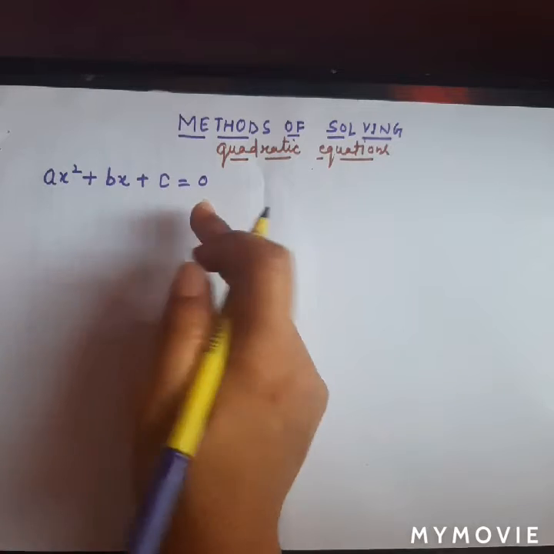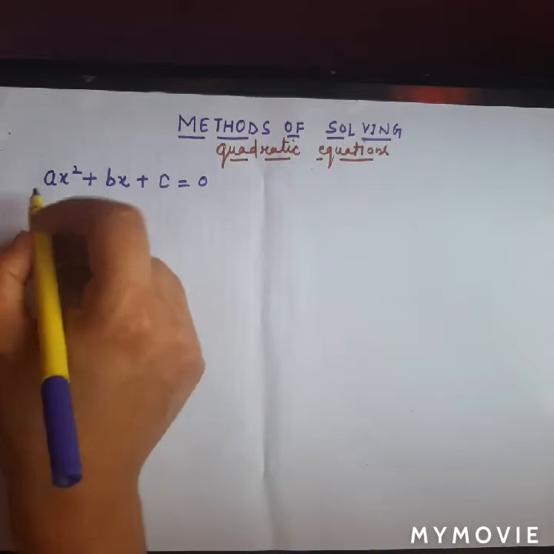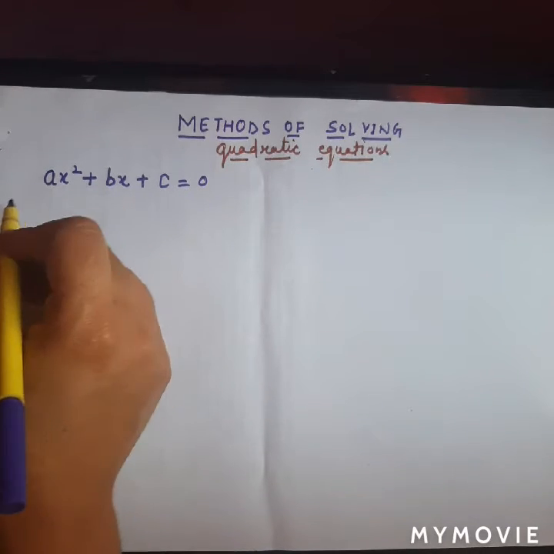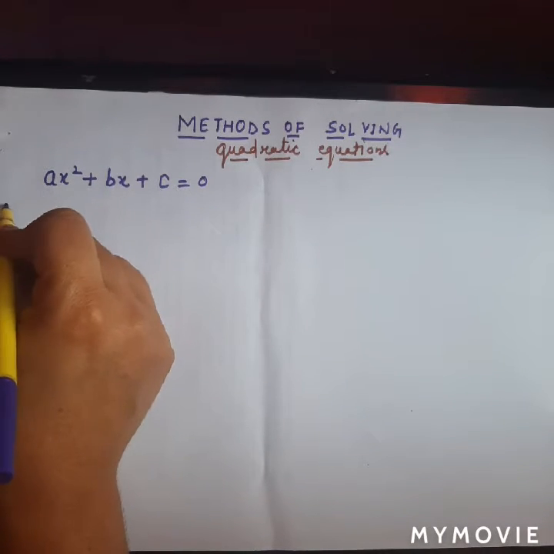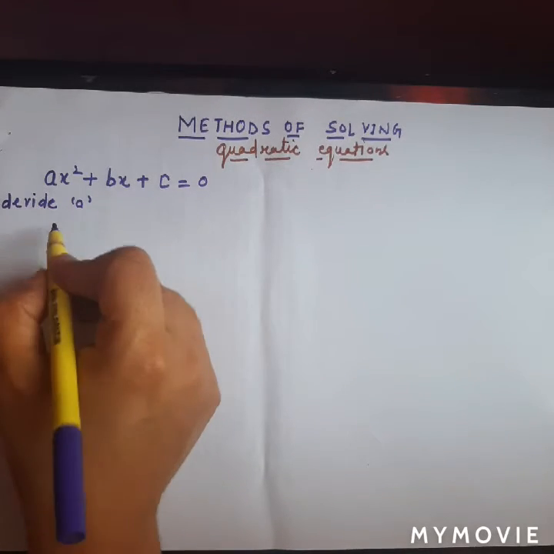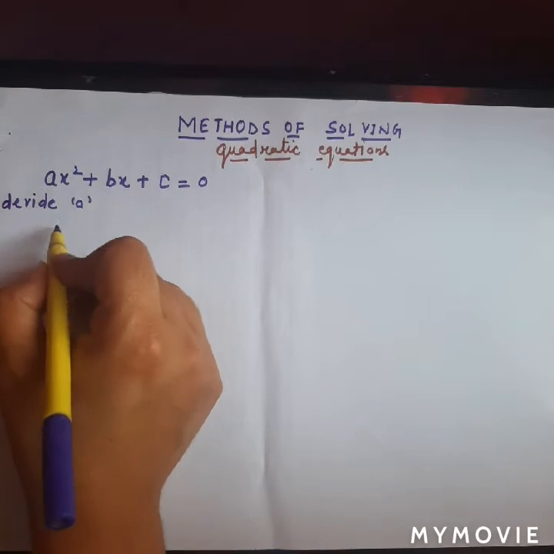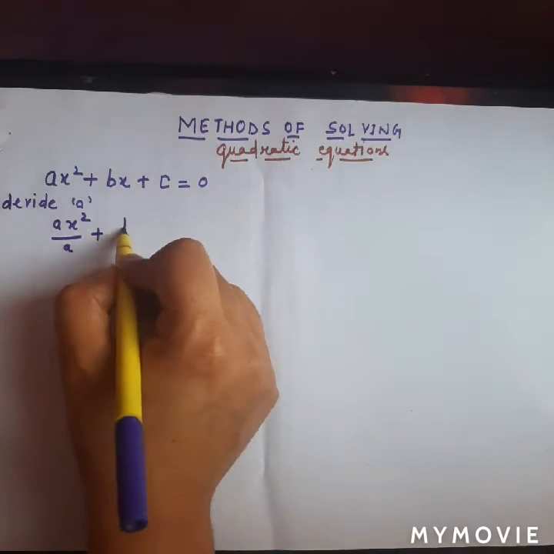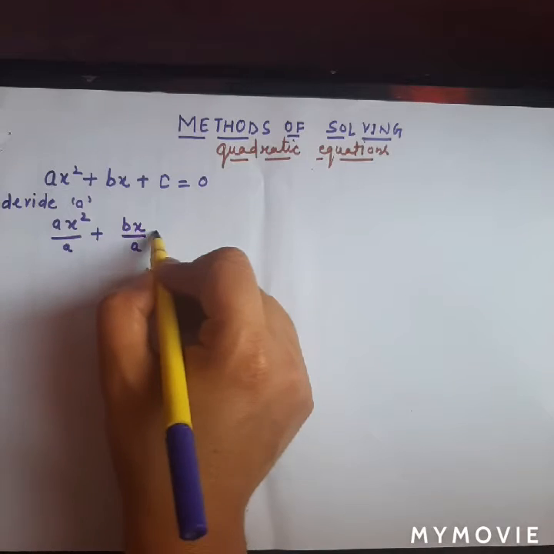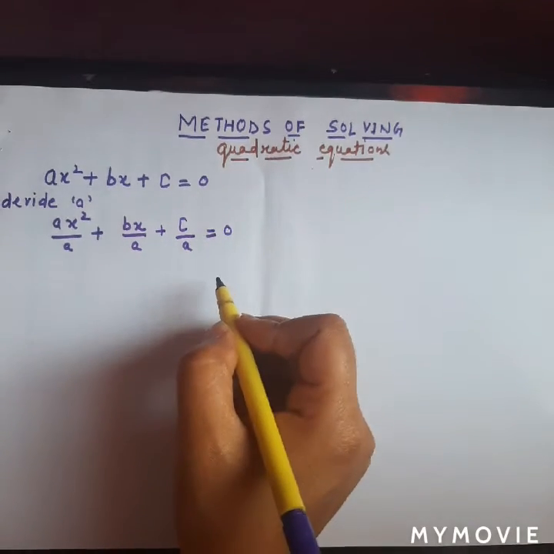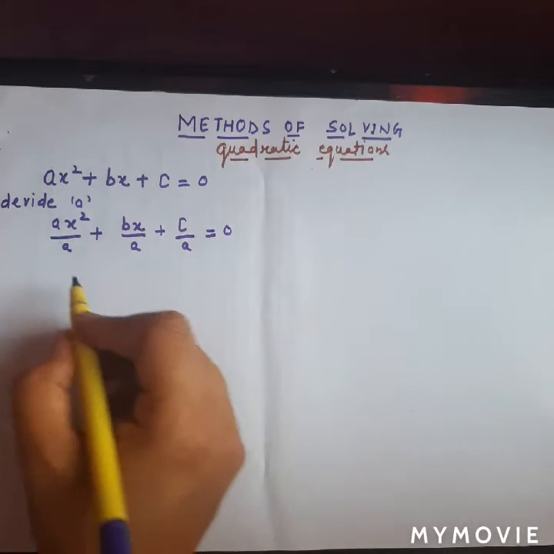I would like to take a as common, or I can say I would divide the whole equation by a. So what will happen? We will be left with ax square upon a plus bx upon a plus c upon a is equal to 0, right?